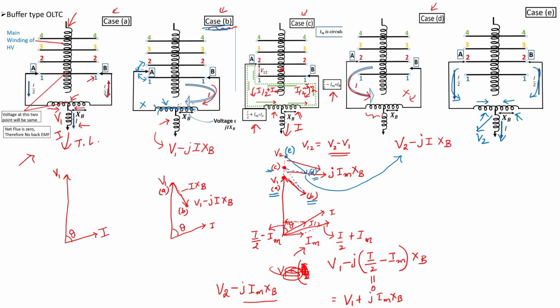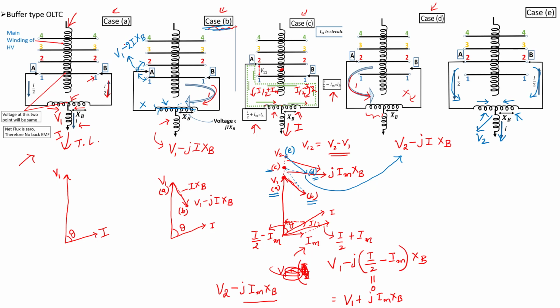So the voltage will be double the voltage of this half winding. So what is the voltage of this half winding here? Now here the node voltage, when it is lifted, the potential of the node voltage is given by V1, because V1 is this one, entire current is going like this, V1 minus 2 times, because not half, 2 times I into XB.